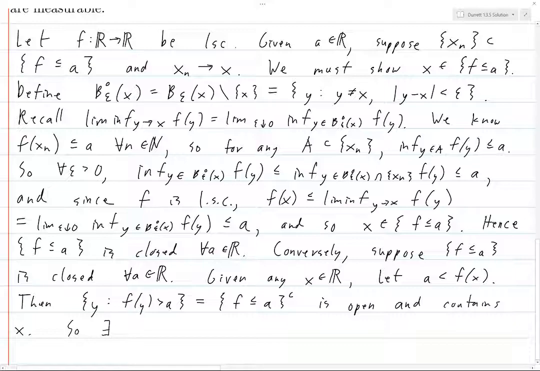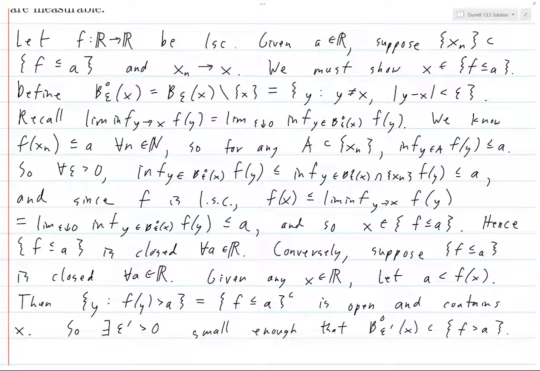So there exists a positive number epsilon prime, small enough that the punctured ball of radius epsilon prime centered at x is entirely contained in f greater than a, because this is an open set which contains the point x.